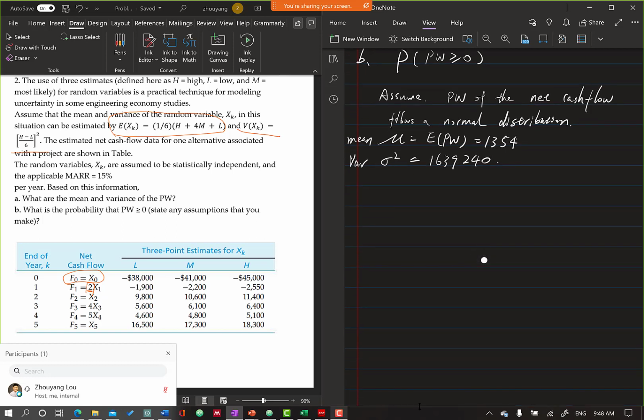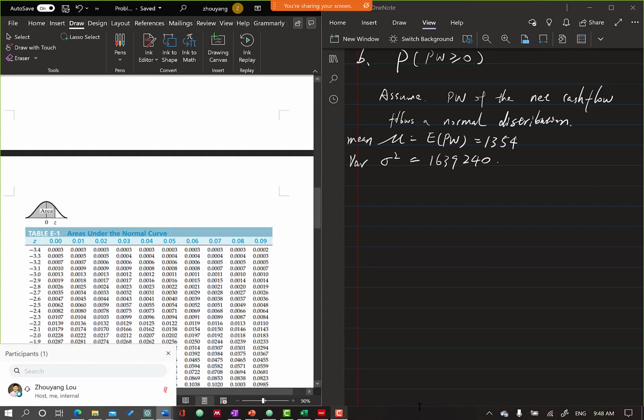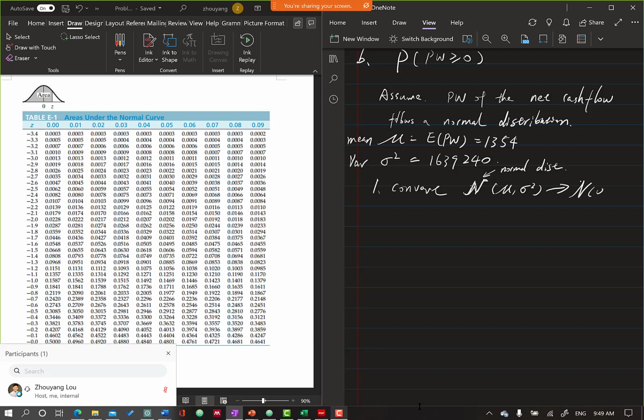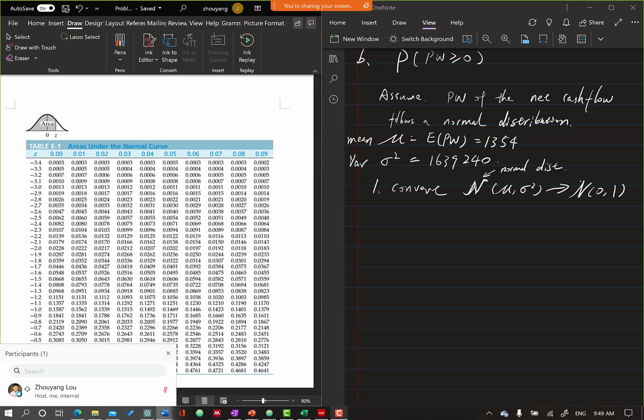And then since we are gonna use this appendix to get our estimation of this probability, we first need to convert this normal distribution, the normal distribution of the mean and variance we have, to a normal with mean 0 and variance 1, as we have seen on the left hand side.